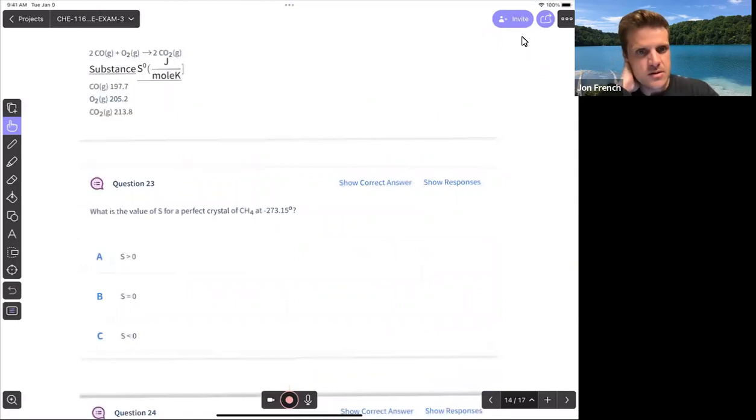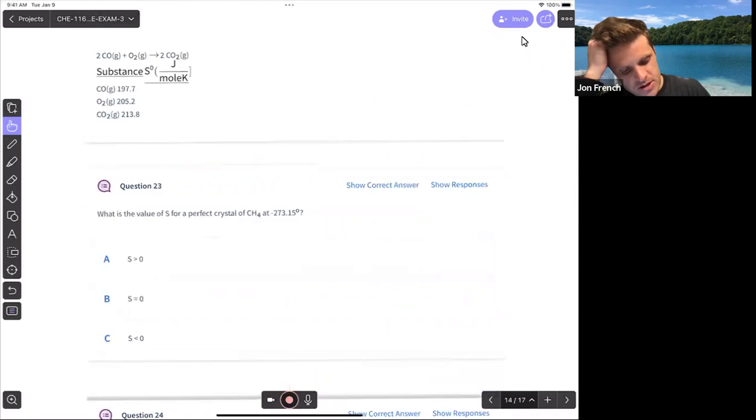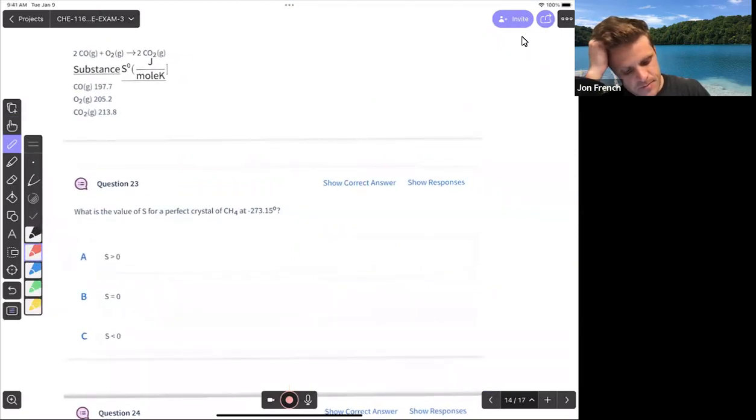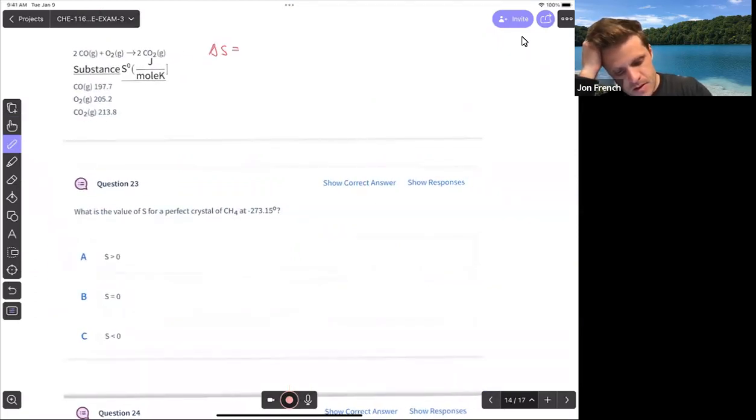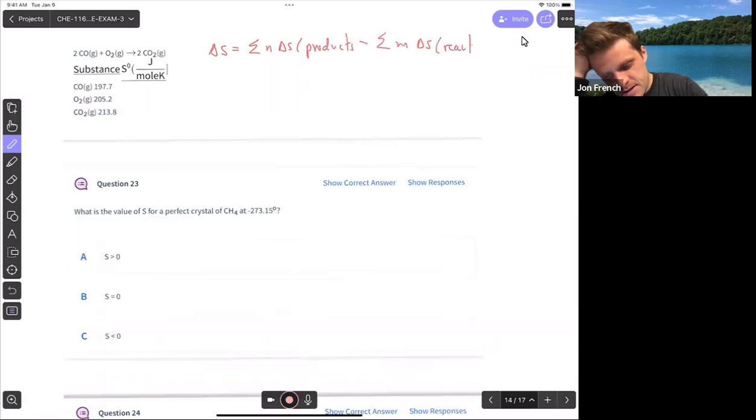So for question 22, right, it's a summation calculation. So change in entropy equals the sum of my moles and the entropy of my products, minus the sum of how many moles and the entropy of my reactants.